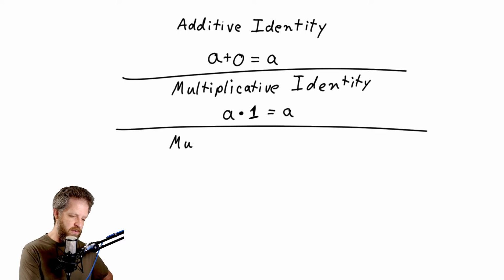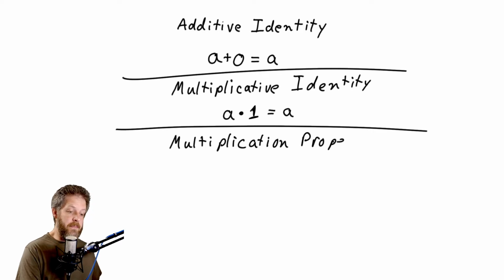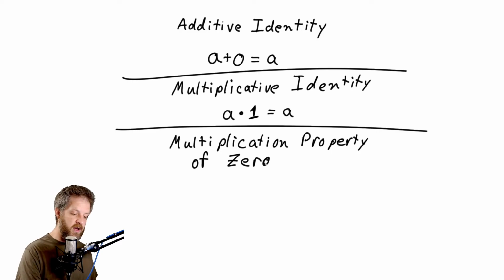The last property that we're going to talk about in this video is the multiplication property of 0. This one you've probably known for a long time. What happens if you take any number and you multiply it by 0?